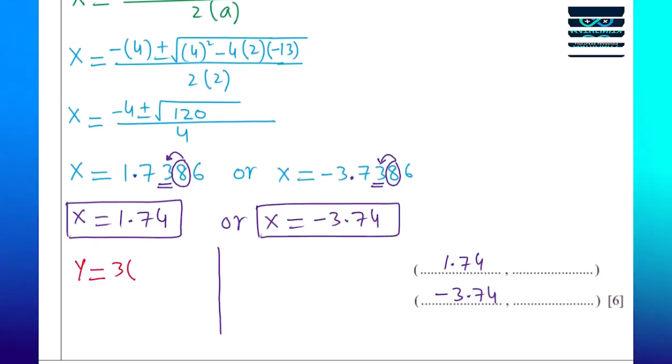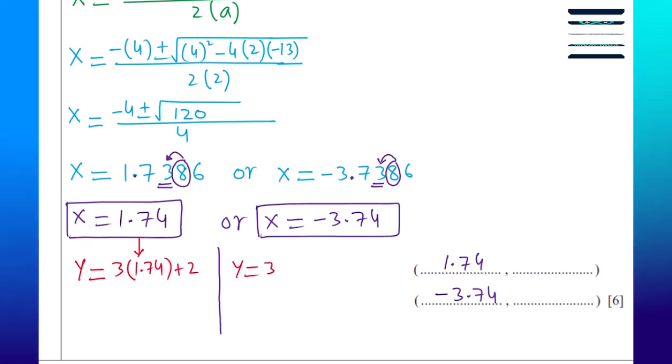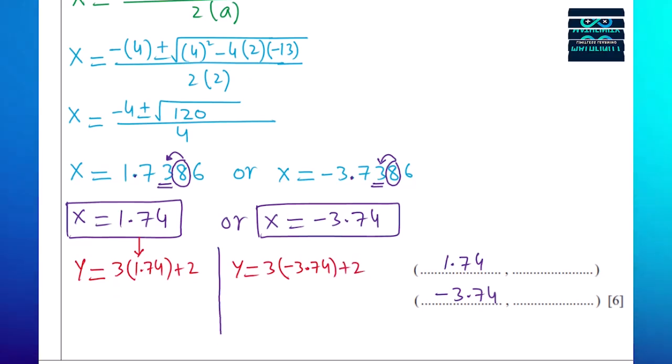3x plus 2, but in place of x you will write this value: 3 times 1.74 plus 2. So y is equal to 3 times negative 3.74 plus 2. Then you can use the calculator. 3 times 1.74 plus 2, I got the answer 7.22.